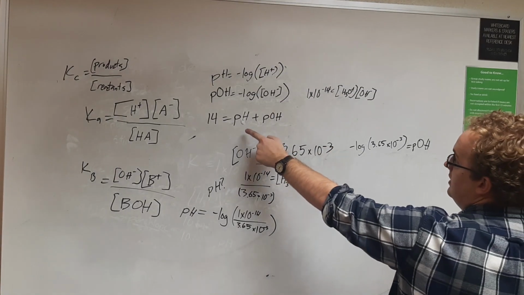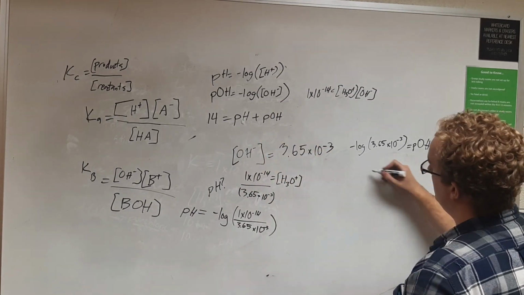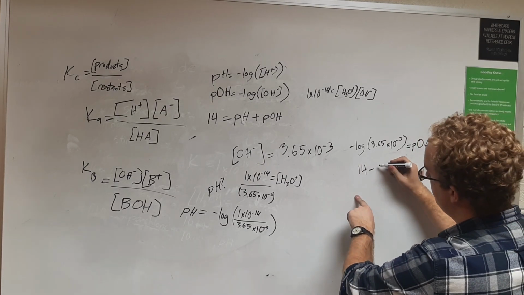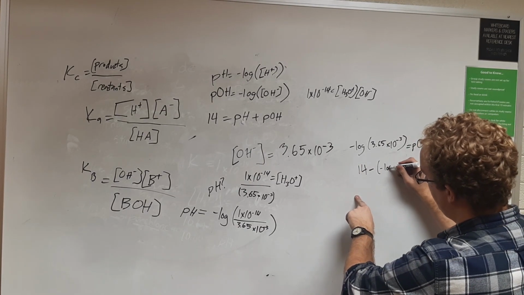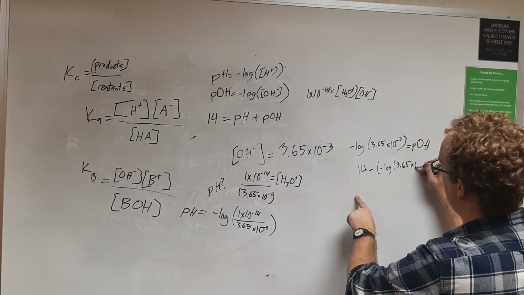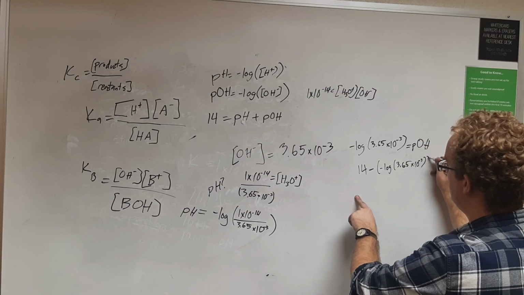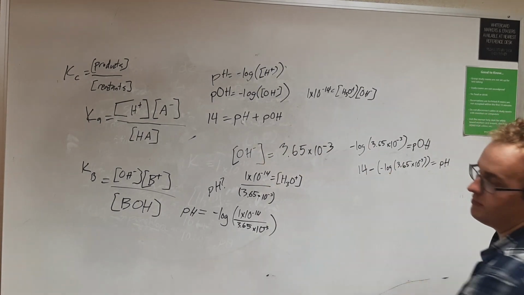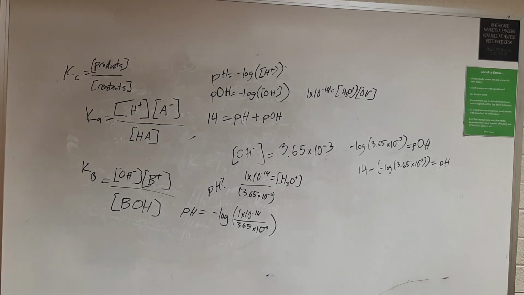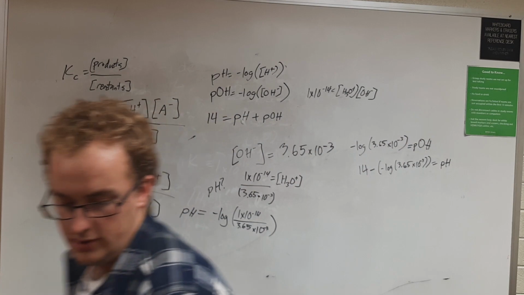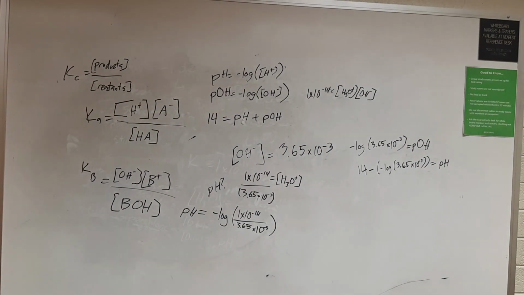And I know that 14 equals pH plus pOH, so I could just do 14 minus the negative log of 3.65 times 10 to the negative third, which equals my pH. I just solved this equation for pH. And that's another way you can solve this kind of problem. Those are some really handy tools for you to be able to calculate pH and pOH.